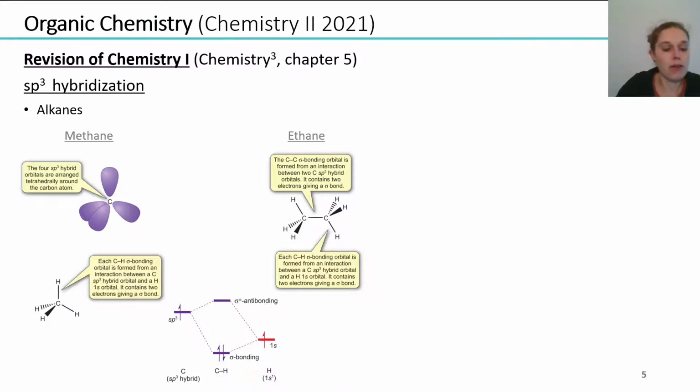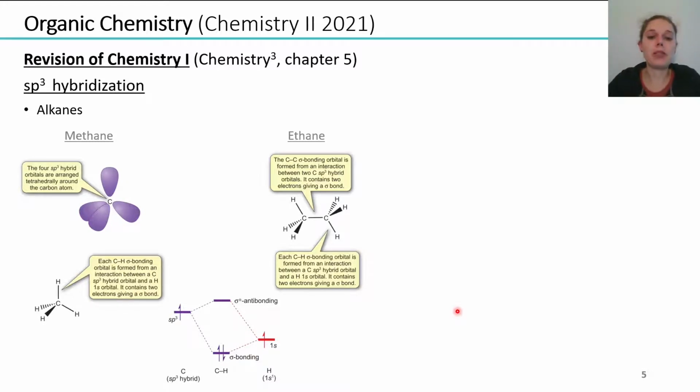That means we form the molecular orbitals, and for the carbon-hydrogen bond, which is the sigma bond, you can see the lowest molecular orbital gets filled with the 2 electrons, and then the sigma star antibonding molecular orbital remains empty.